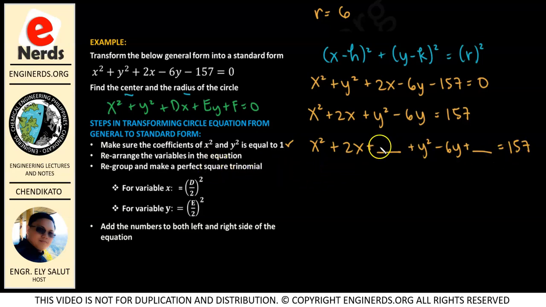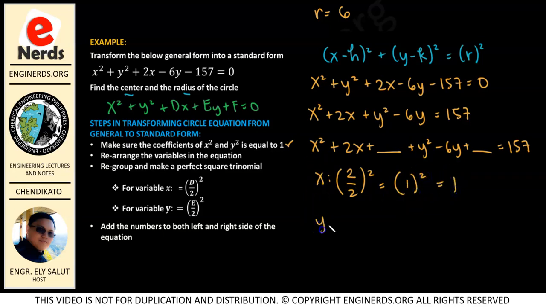So, para sa ating x, para makuha natin yung constant, we will have d divided by 2 squared. So, ano yung value ng d natin? Yung d is yung coefficient ng ating x, which is 2. So, we have 2 over 2 squared. So, 2 divided by 2 is 1. So, we have 1 squared, so this is equal to 1.